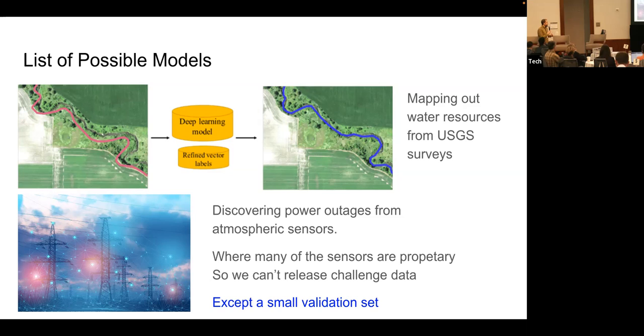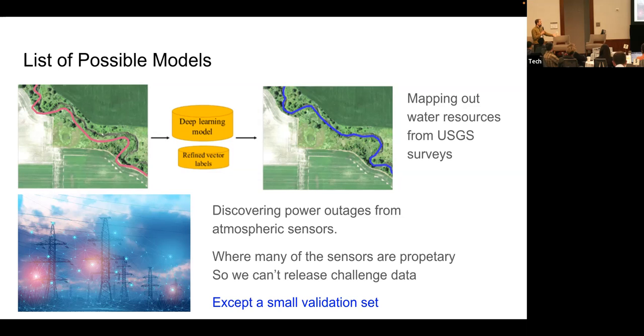The bottom challenge is a very interesting one. The idea here is that you have atmospheric sensors on various power supplies, power lines. And then you also have atmospheric sensors not on power lines, just in the ground. And the hope is you can use the atmospheric sensors to predict when there's going to be a solar flare and you get a power outage.